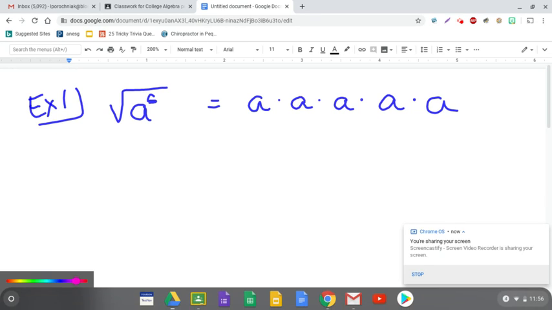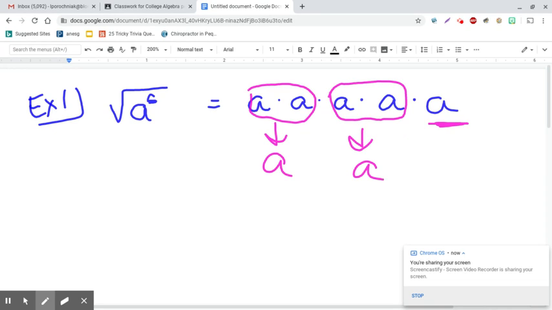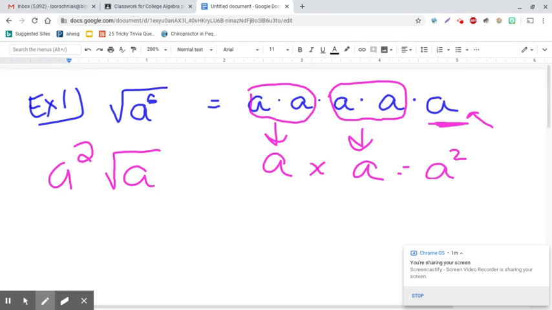These two go together, and these two go together, and this stays in. So an a comes out, and an a comes out. A times a is a squared, and what's left inside is this right here. So a squared, then you do your radical, a stays inside.